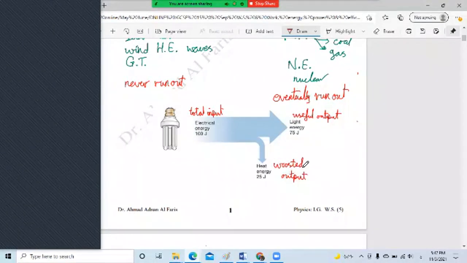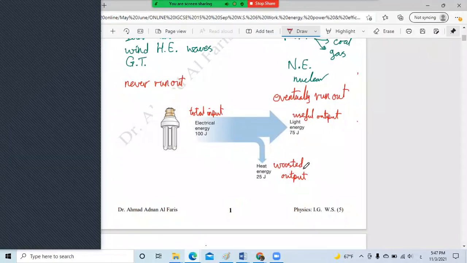Actually, wasted doesn't mean that I destroy it. I don't want the light to produce heat. I want it to produce light. Yes, some electric lamps have problems producing sound. Thank you, Muhammad. So energy cannot be created or destroyed. It's only converted from one form to another or from one object to another.